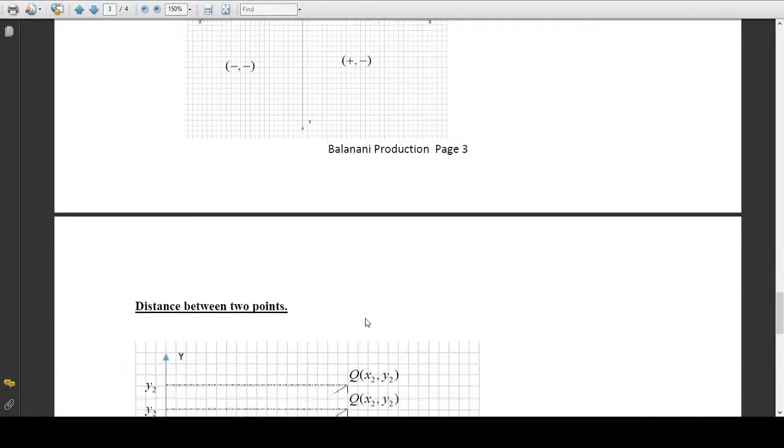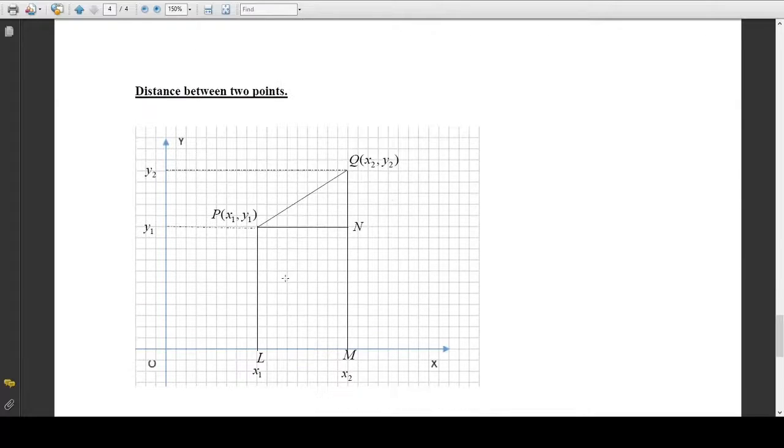Clear? Now coming to the next, which is the distance between the 2 points. Suppose you have a point P and Q on a plane. Okay, we need to find out the distance between P and Q on a plane.